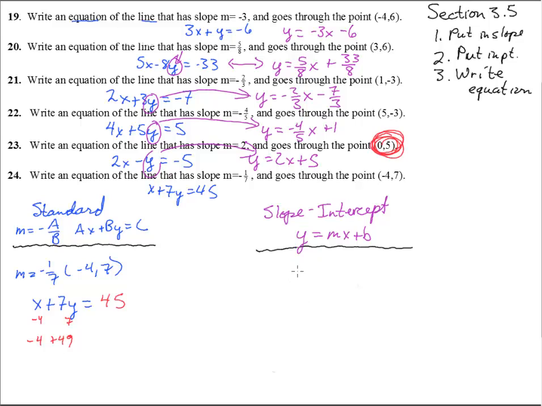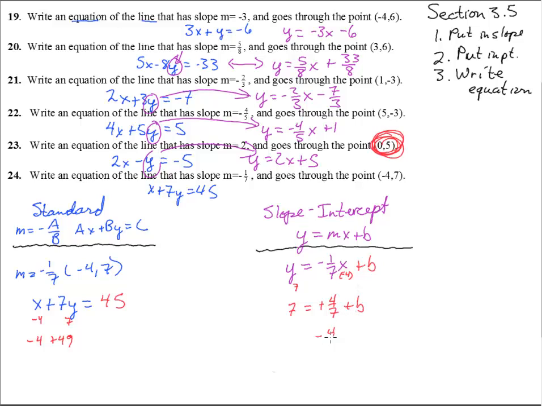And now the slope-intercept. Stick in the slope. That's y equals negative 1/7 x plus b. We don't know what b is. That's the y-intercept. But we can stick in these points, negative 4 here and 7 there. So we get 7 equals positive 4/7 plus b.